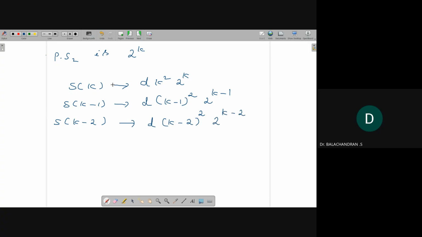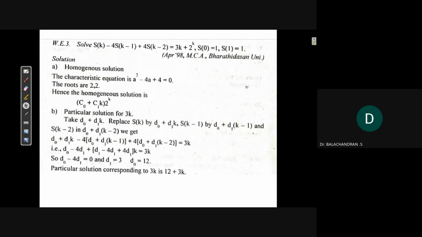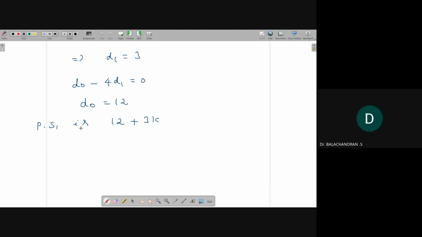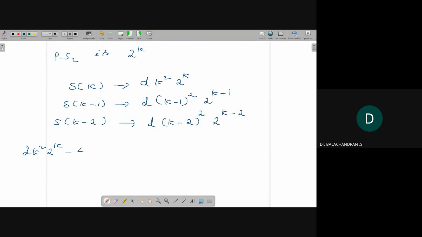Now replace everything in the given problem. The given problem is what? S of k. So S of k is d into k square into 2 power k. Next, minus 4 times S of k minus 1, it's 4 times d into k minus 1 whole square, into 2 power k minus 1.